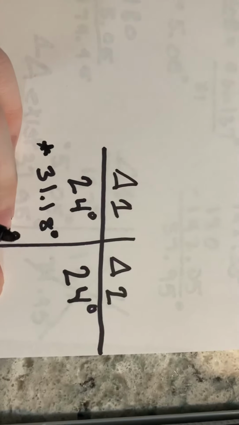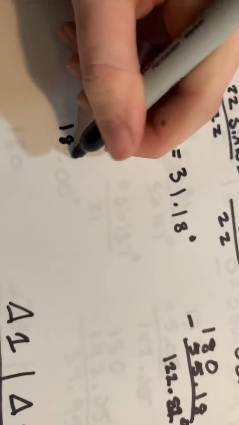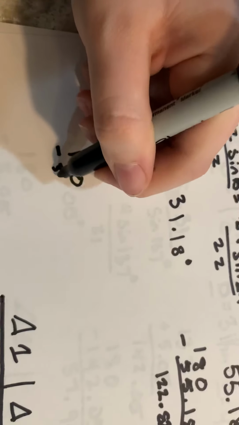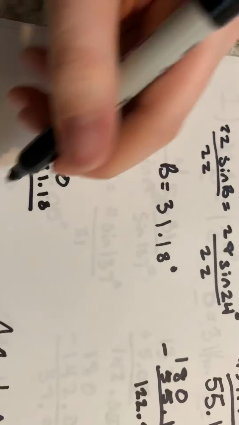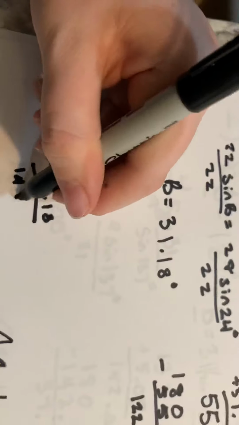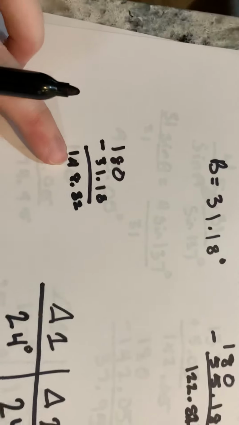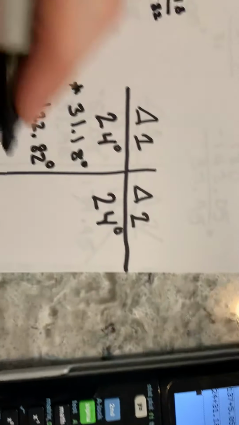Now that we have all of these, we take the second angle that we found, which is 31.18, and we subtract it from 180. So now we have 180 minus 31.18, which is equal to 148.82. And since this is less than 180, that means that we can put this in our second triangle.